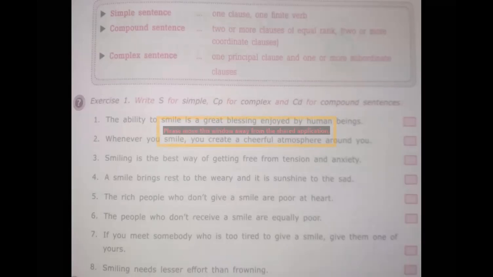It is the non-finite verb. So we have only one finite verb in this sentence. Right, everyone? So this is a simple sentence. For the rest of the sentences, you need to see which one is simple, which one is compound, and which one is complex.